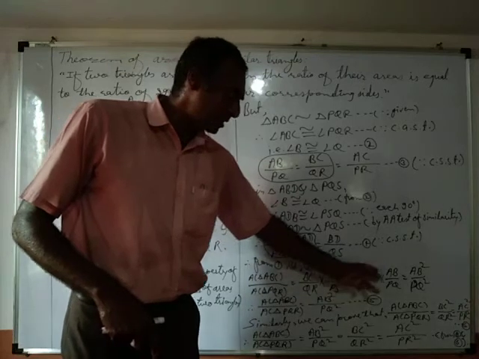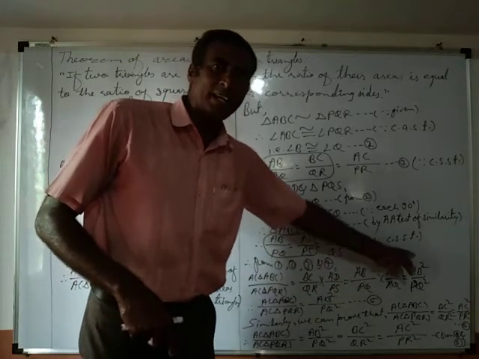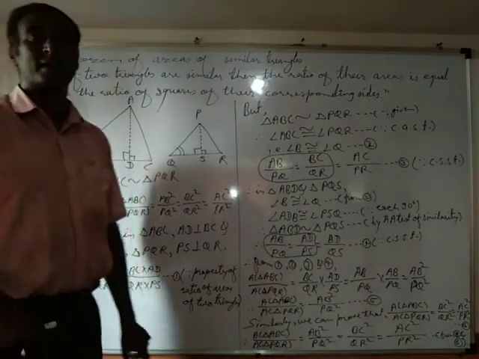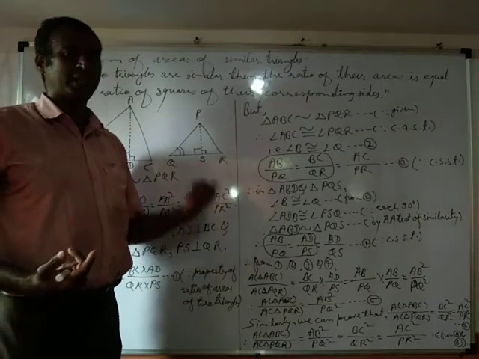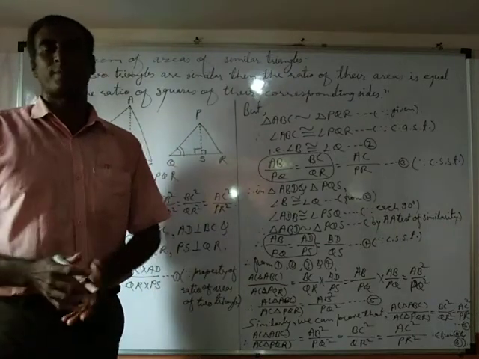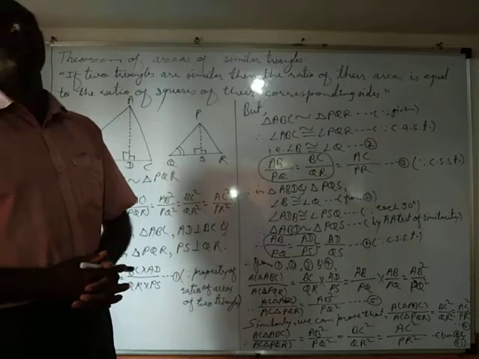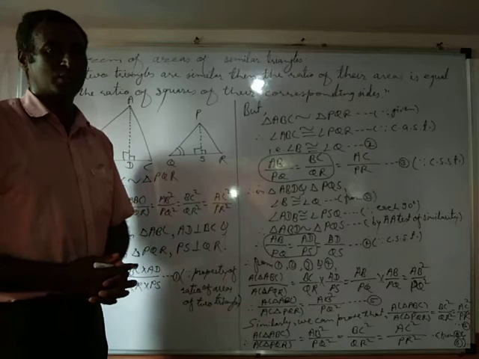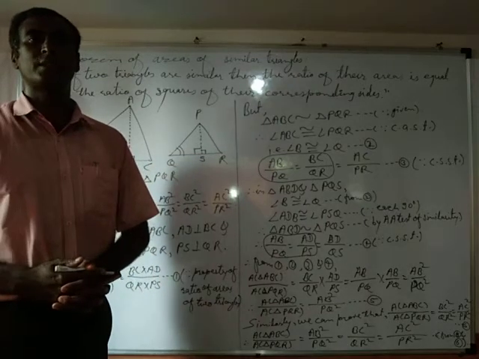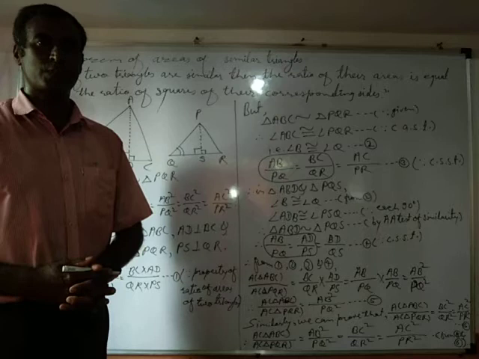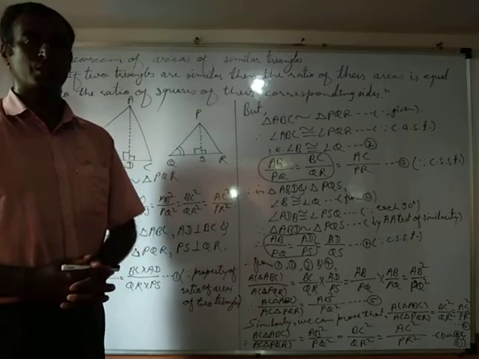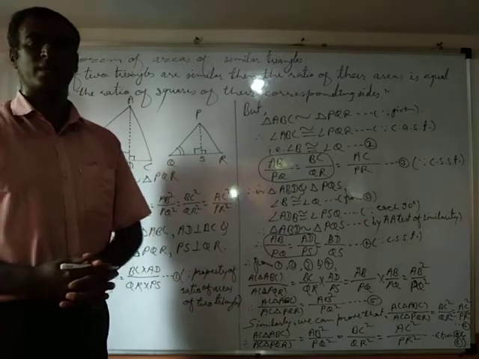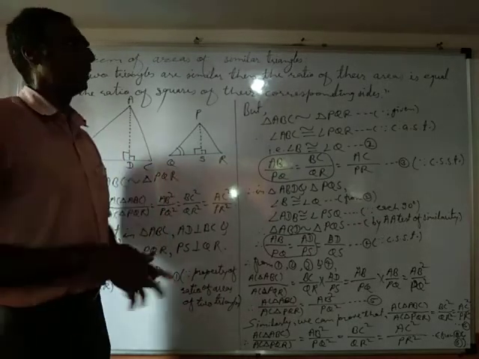Then AD upon PS into AD upon PS will give us AD square upon PS square, where AD and PS are their corresponding heights. Means ratio of the areas of two similar triangles is equal to ratio of the squares of their corresponding heights. Similarly, we may prove the same for medians and perimeters.